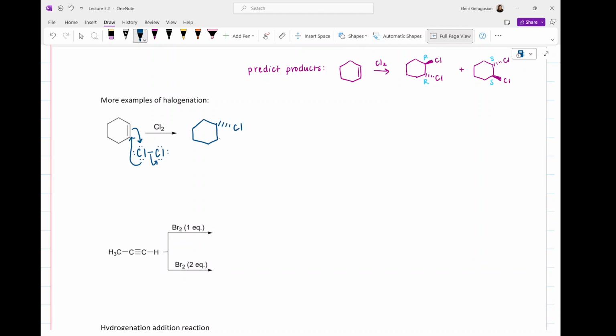So the intermediate formed here, now we have to include stereochemistry, or at least we're going to for this mechanism. That chlorine has two bonds to the ring, one to each of the carbons that were part of the double bond.